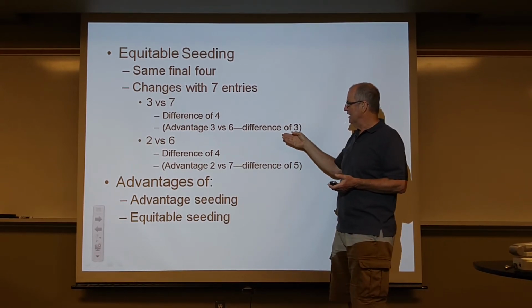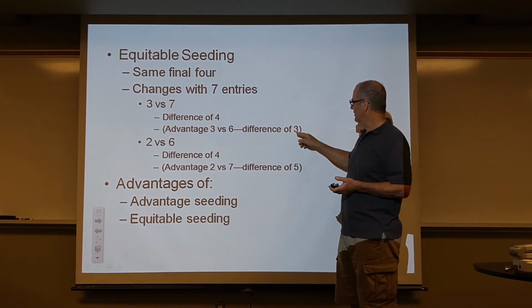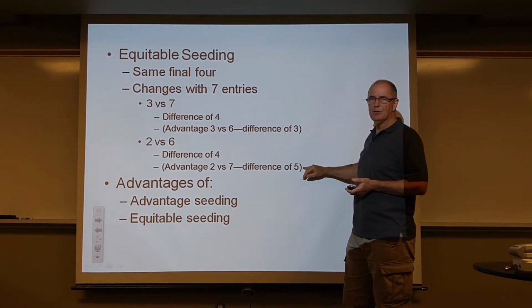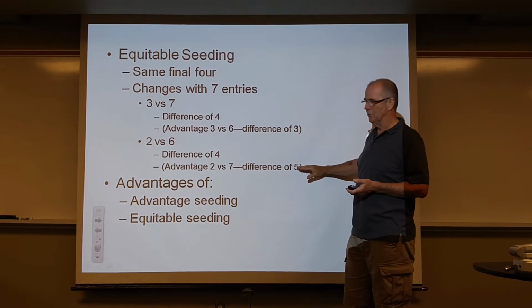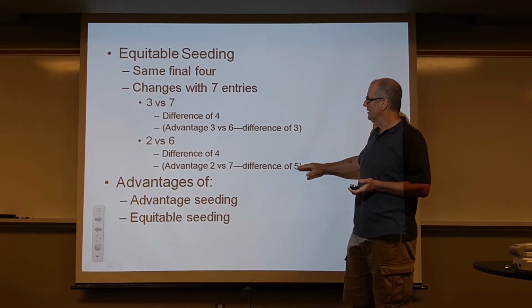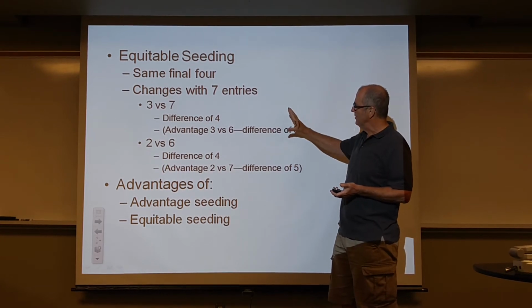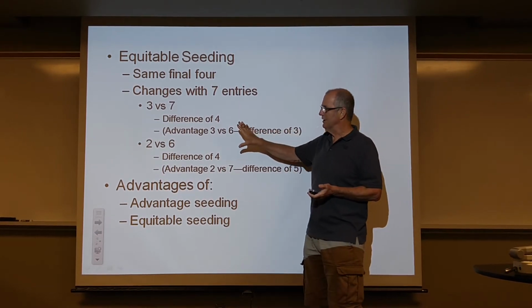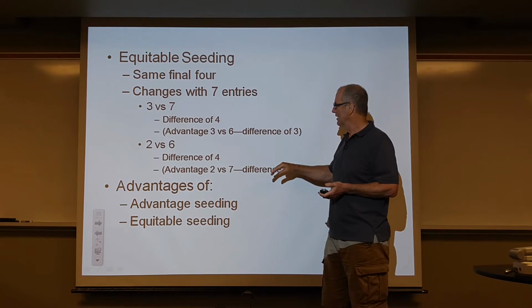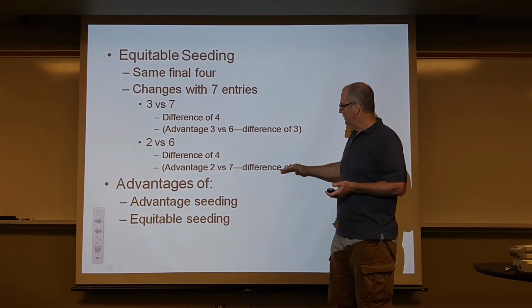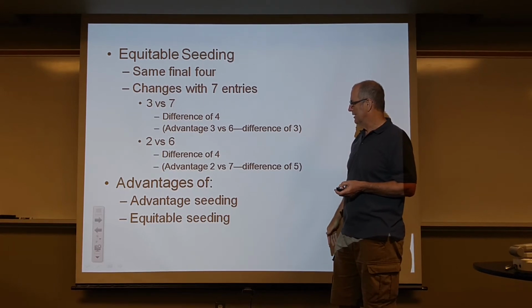In advantage seeding, it would be 3 versus 6, which is a difference of 3, 2 versus 7, which is a difference of 5. So it's easier for 2, for the second seed. So with the advantage seeding, we're trying to make sure that it's equally difficult for each team to advance. In advantage seeding, which is the more common one, we're giving a slight advantage to the stronger seeds.